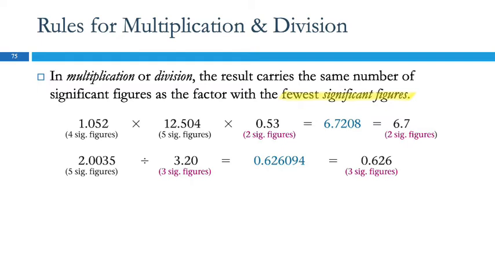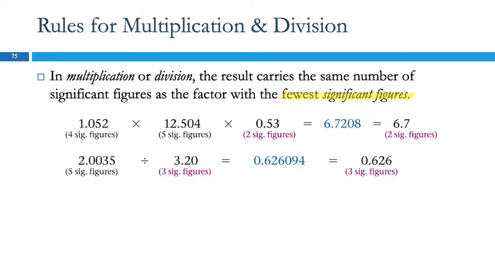So here we're looking for fewest significant figures. There will be some problems in the worksheet like this where it's giving these just random looking calculations and wanting you to give the answer with the correct number of significant figures. The first thing to do is just get your calculator out, pretend you have no idea what sig figs are, and just do the math and write down the answer. Okay?